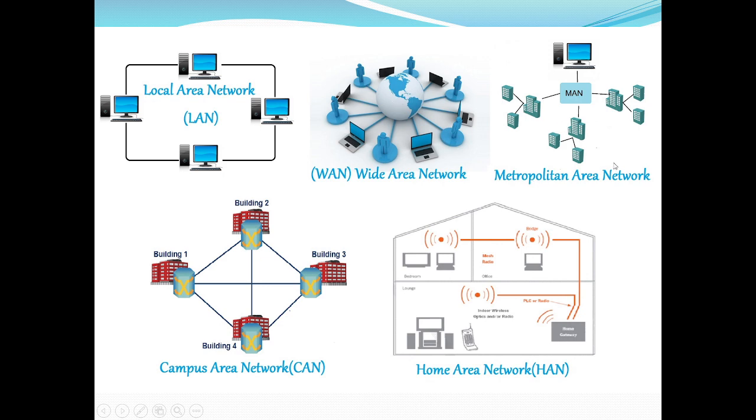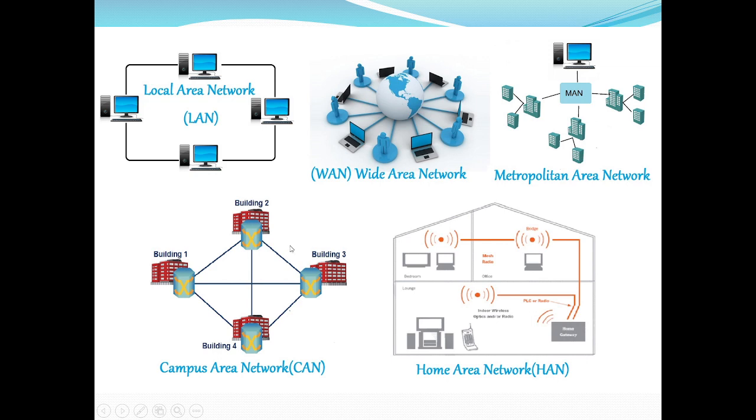When you look at the metropolitan area network, different buildings are situated in different areas, maybe within a metropolitan city, and hence we call it a metropolitan area network. In the CAN, that is the campus area network, there are 4 buildings in a campus: building 1, building 2, building 3 and building 4.